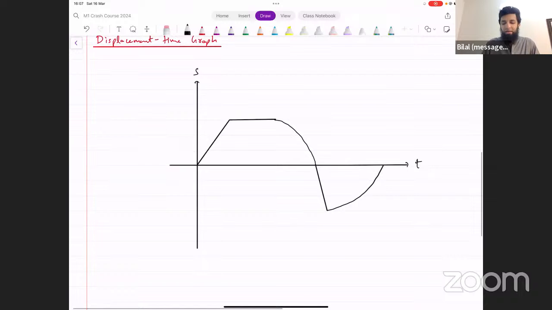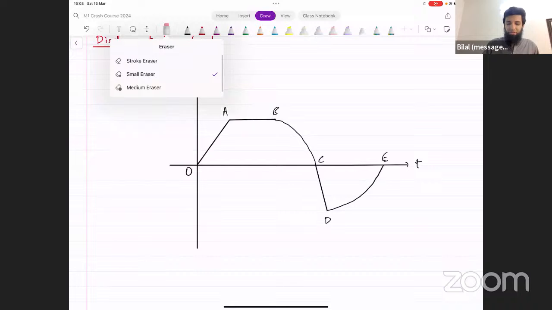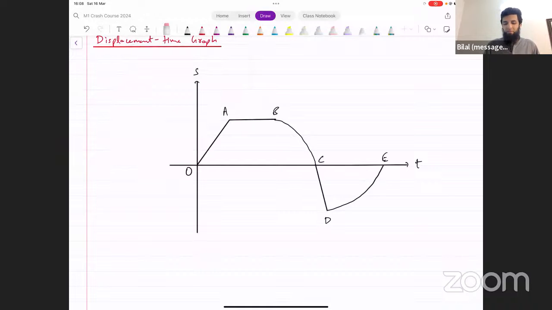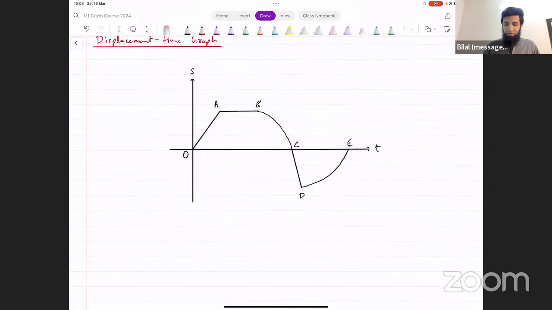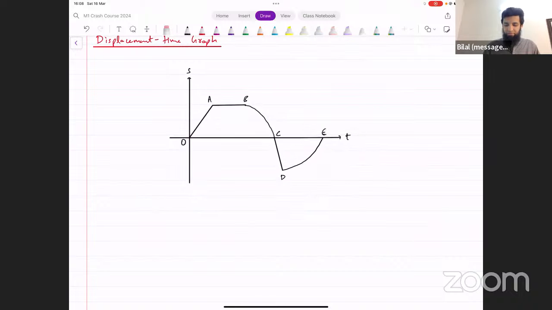Now, how do you understand the journey of this object? It's starting from the origin. Let's call these points something. Let's say this point is A, this is B, this is C, this is D, and then you have E. We want to understand what is happening in each of these different parts of the graph. It's a displacement time graph, so we want to understand what's happening to velocity, acceleration, and displacement in each of these different parts.